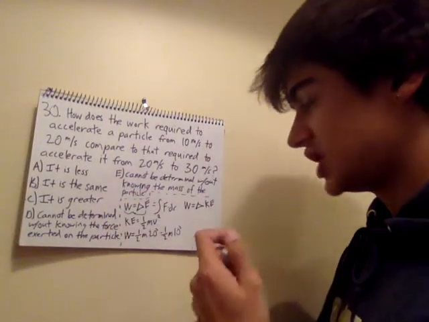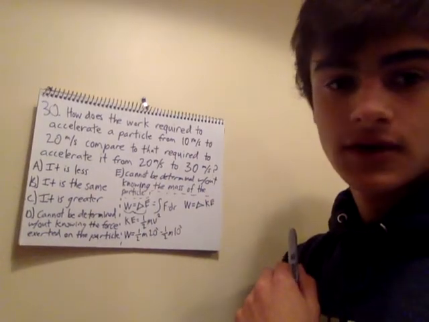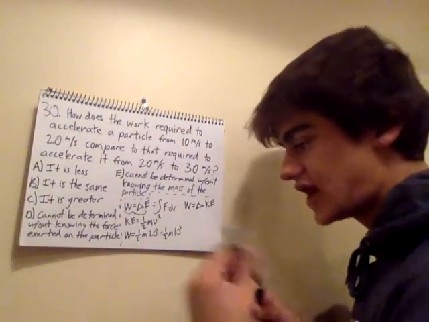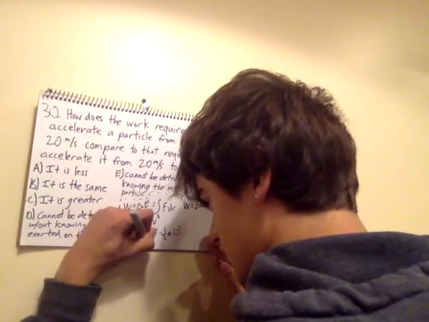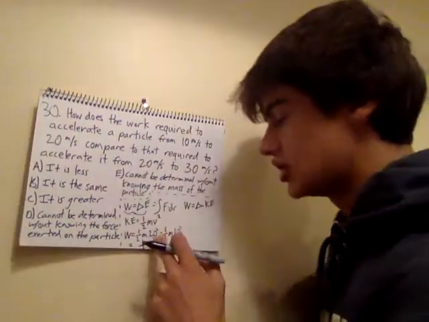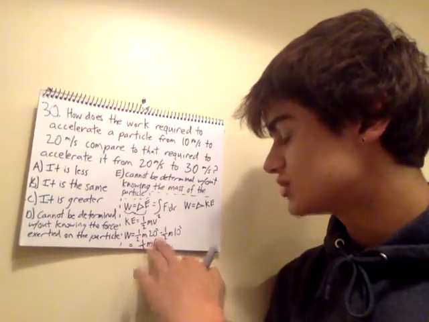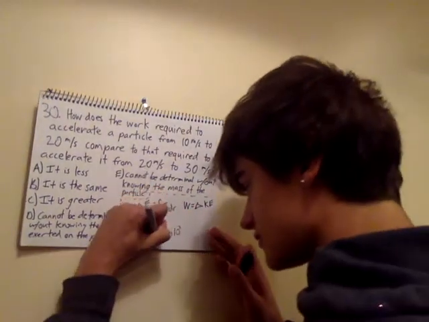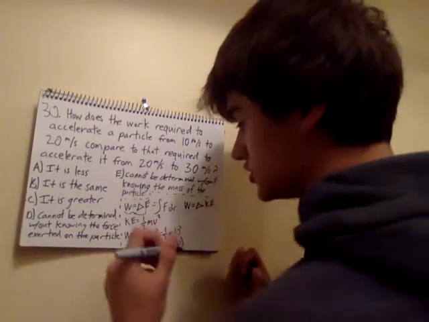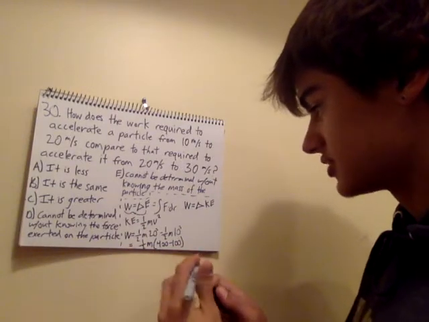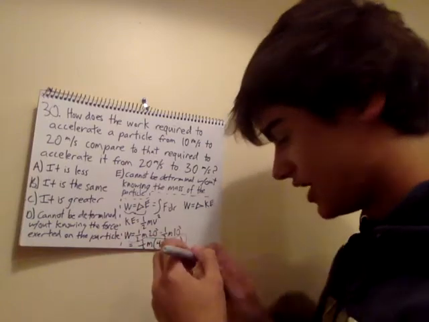That's our change in kinetic energy, our final minus initial. And then we can just factor out the 1/2 m. I'm sorry, I'm running out of space a little bit here. 1/2 m times, let's do this in one step to save a little bit of space. So 20 squared is going to be 400, and then 10 squared is 100. So that's our first answer. I'm going to leave it in that form just because I'm now out of space.